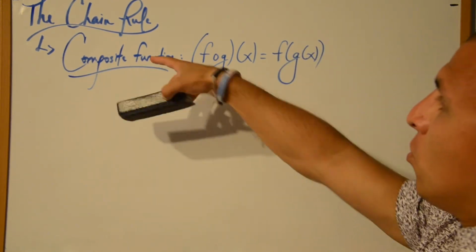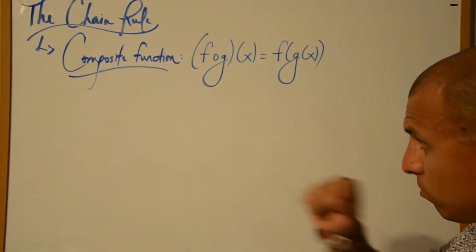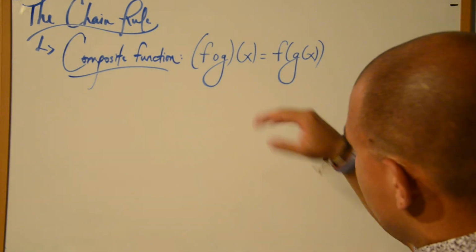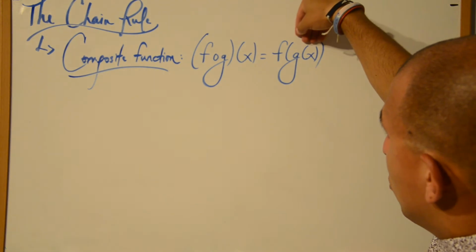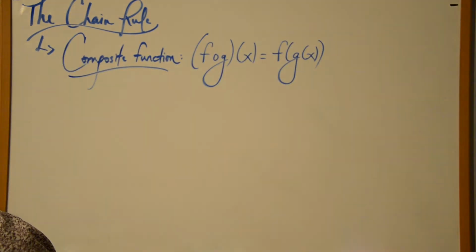But we're going to utilize the chain rule whenever we have something called a composite function, which is a function within a function. So we have g of x located centrally inside of f of x.